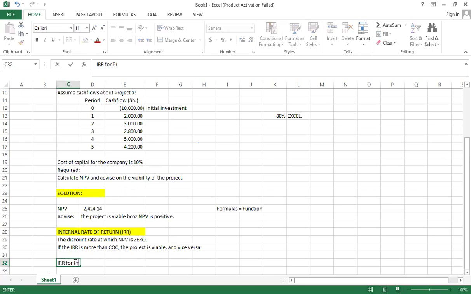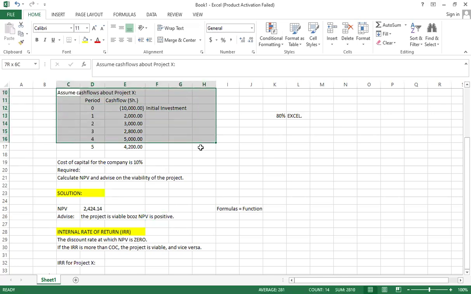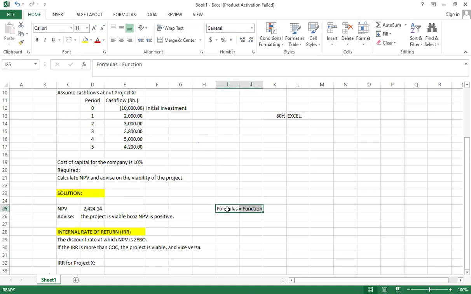Now, what I want us to do is to then compute the internal rate of return for project X, using the same example.